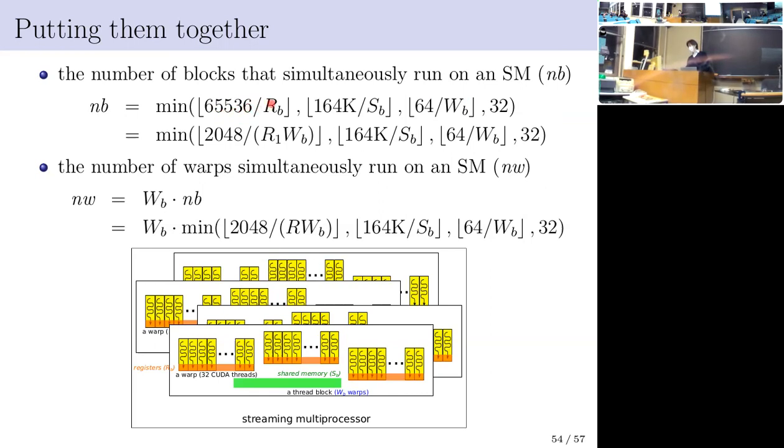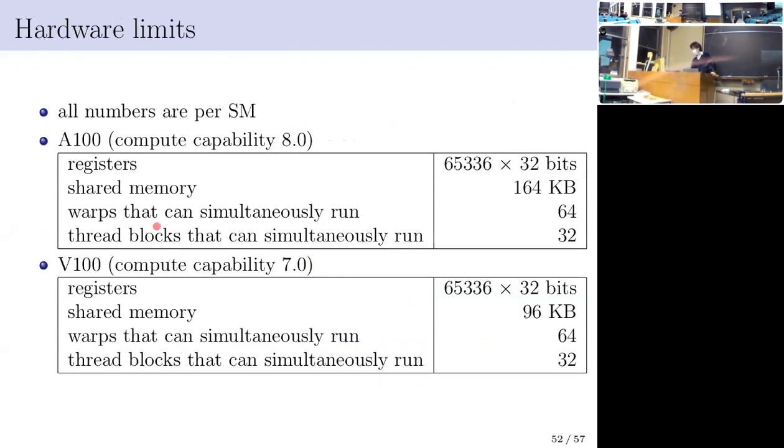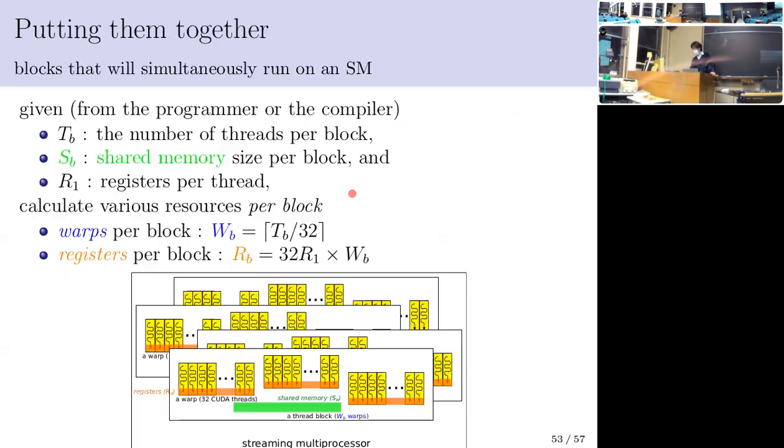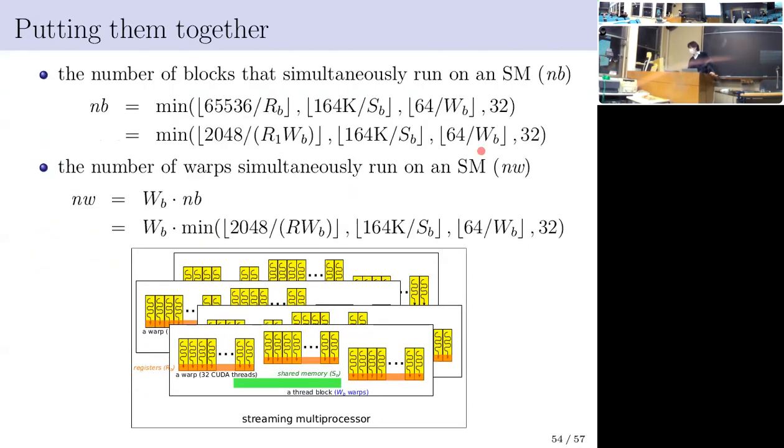So let's divide it by the number of registers a single block needs. Then let's divide the shared memory per streaming multiprocessor by the amount of shared memory a single thread block needs. And 64 divided by WB is the limitation that comes from the warps that can simultaneously run. It is able to execute only up to 64 warps at a time.